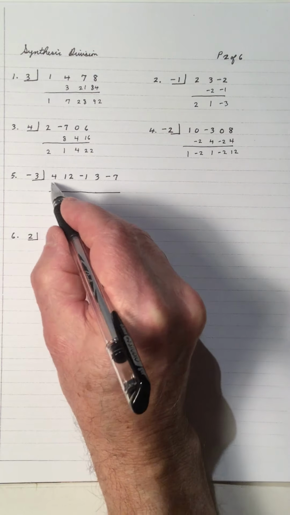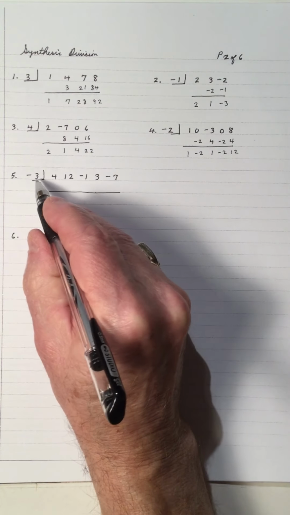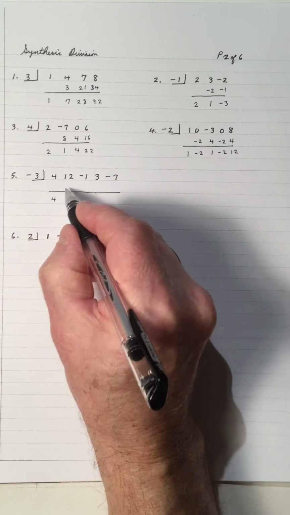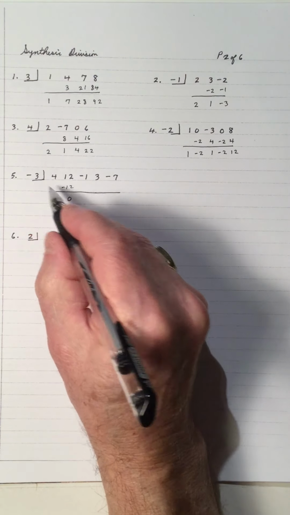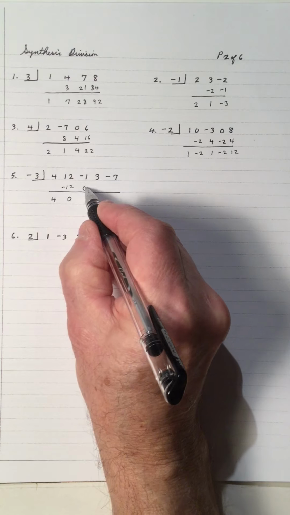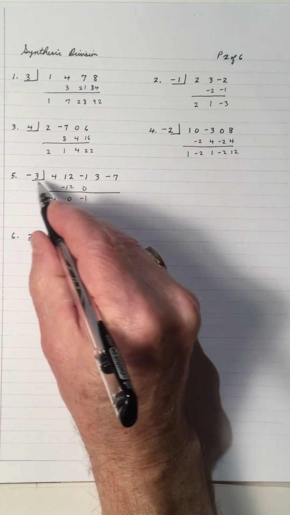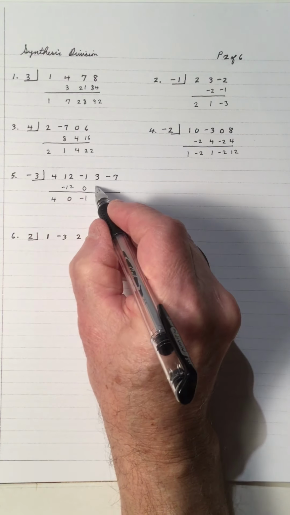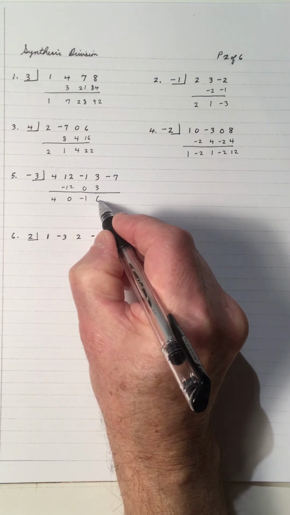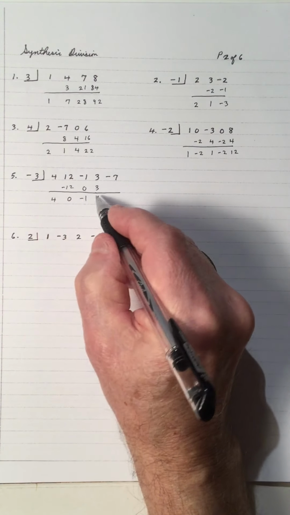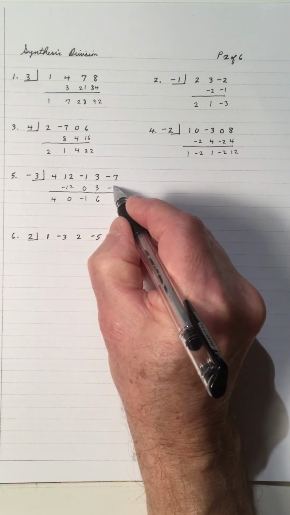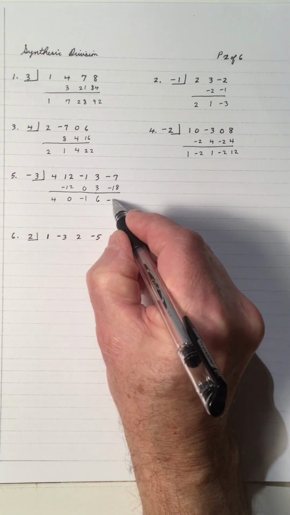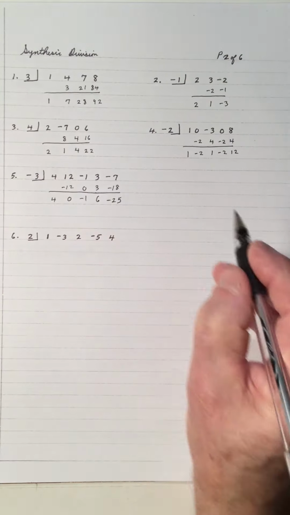Draw a line, bring down your 4. -3 times 4 is -12. Add, we get a 0. -3 times 0 is 0. Add -1. -3 times -1 is 3. Add to get 6. -3 times 6 is -18. Add, and you get -25.